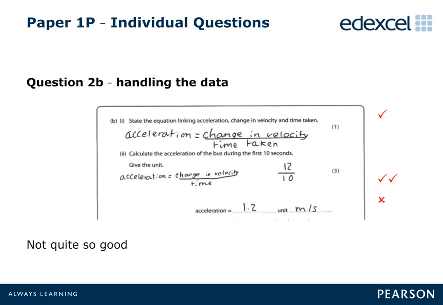This student gave the wrong unit, but did everything else right. So the examiner gave 3 marks overall. Giving a velocity unit for the acceleration, as in this case, was a common error. I have annotated the examples with ticks to show where a mark is gained, and a cross to show where the response does not merit a mark.